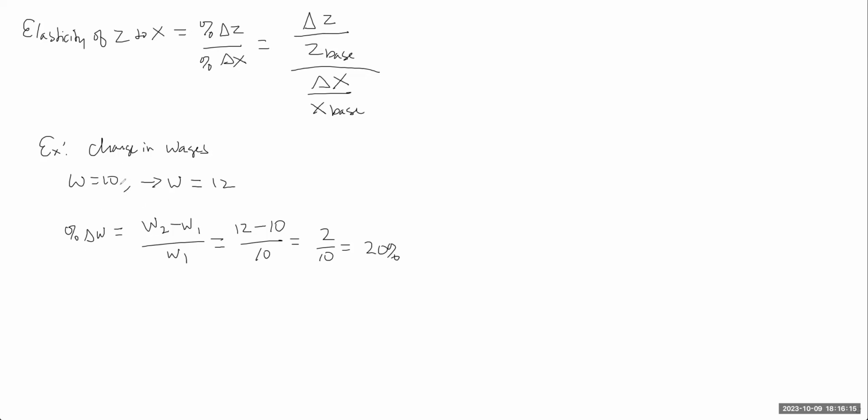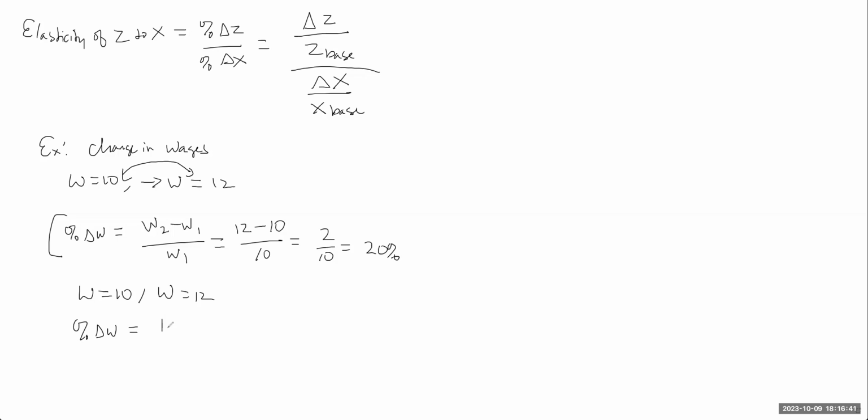Sometimes in economics, we don't know if the wage went that way or if it went the other way. All we're given is two points: wage is 10 or wage is 12. So if we're given this, some people will calculate it this way, a 20% increase. Other people will say, no, that's not how it happened.